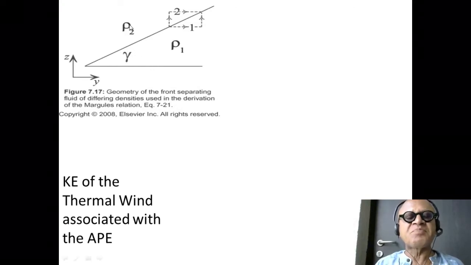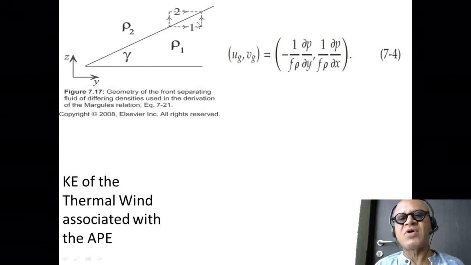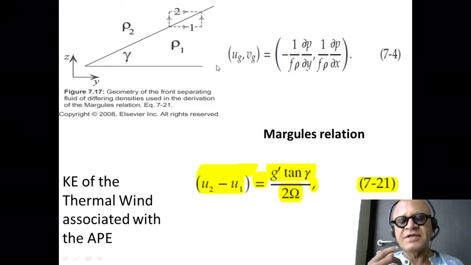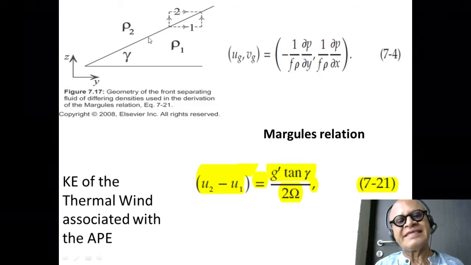That interface separated densities rho 2 and rho 1 with an angle gamma, and we used these two paths to balance pressures and derive our geostrophic currents in terms of dp/dy and dp/dx, and we derived the Margules relation for the flows parallel to the interface on either side.